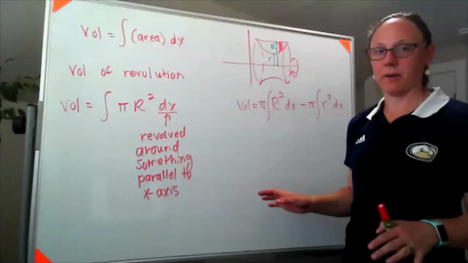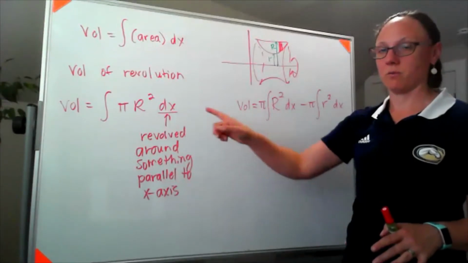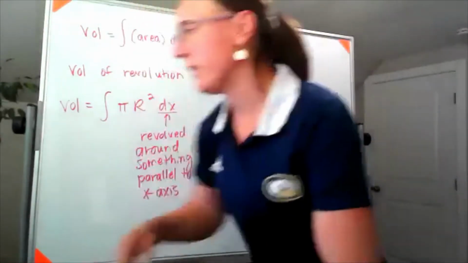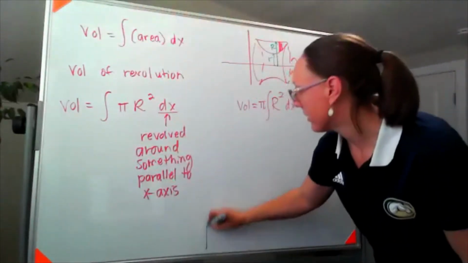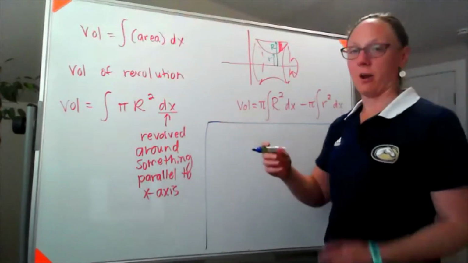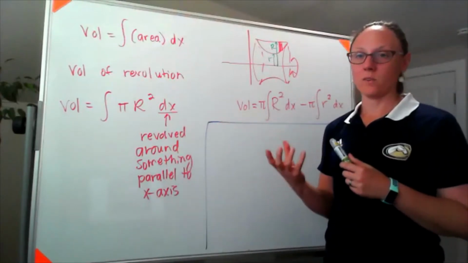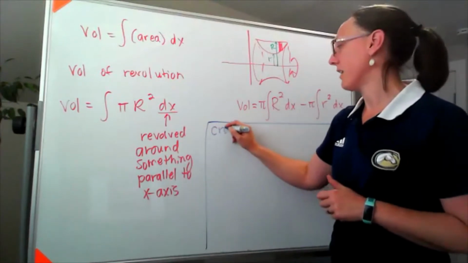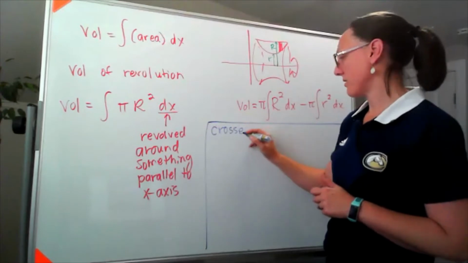That's all I'm going to say about volumes of revolution. The other kind of volume that we talked about this quarter, sometimes one of the hints that we'll see to know that it's the other kind of volume is you might see cross sections.